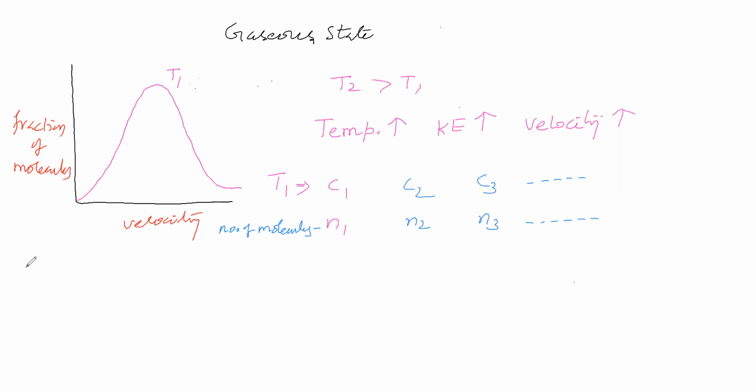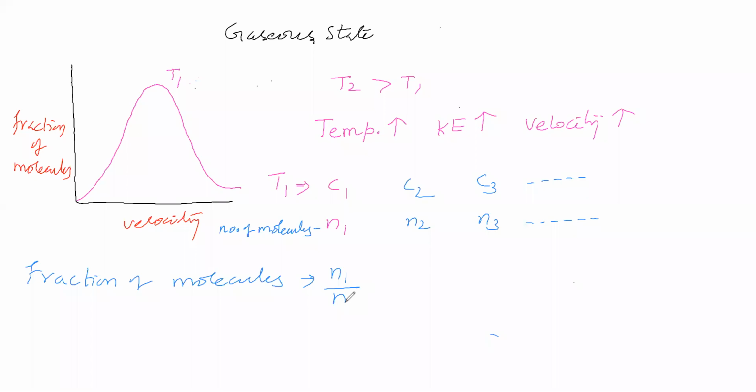Now we will see the fraction of molecules. The number of molecules having C1 velocity is N1, divided by the total number of molecules.